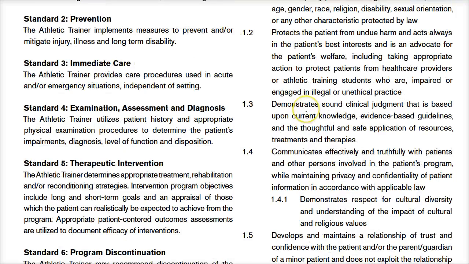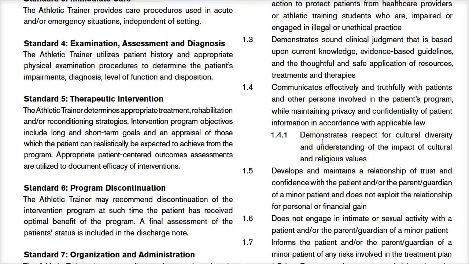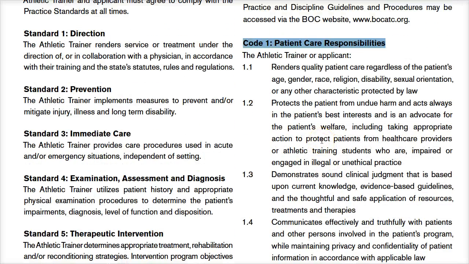Read this entire thing, all these different points, and try to explain what patient care responsibility means so that the parent of one of your high school athletes can understand. This person has no background in medicine, no background in athletic training. They're kind of clueless in this whole area of sports medicine, athletic training, the whole thing.